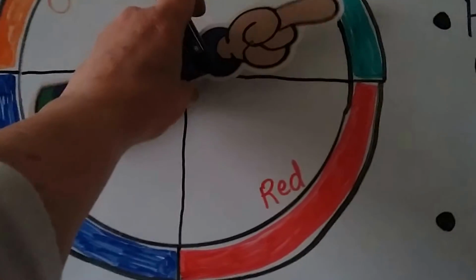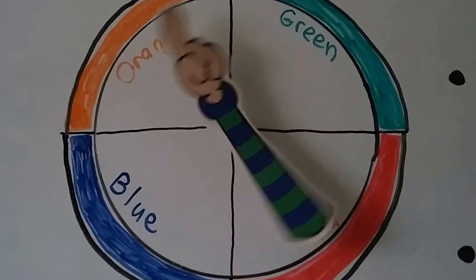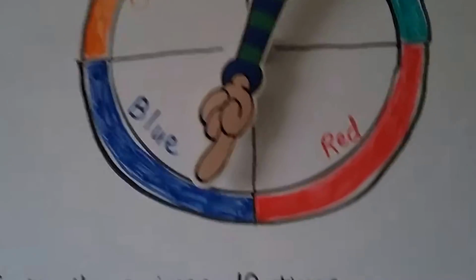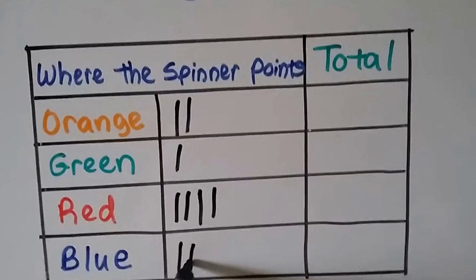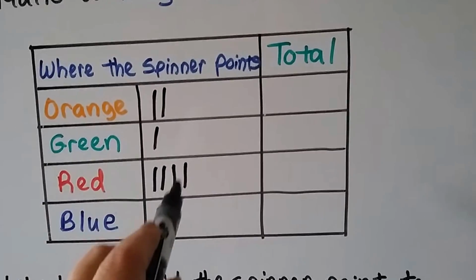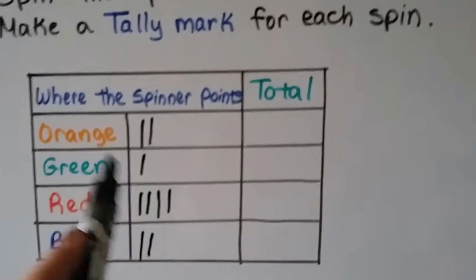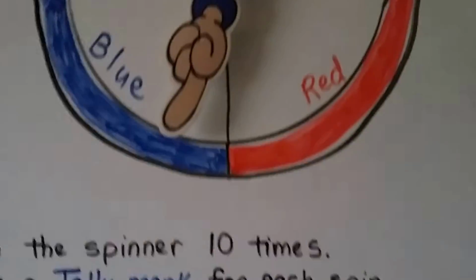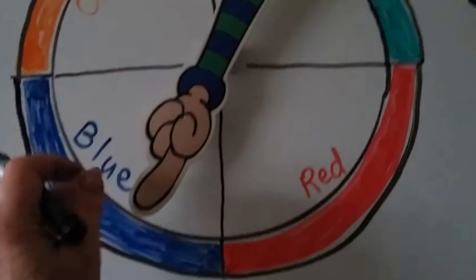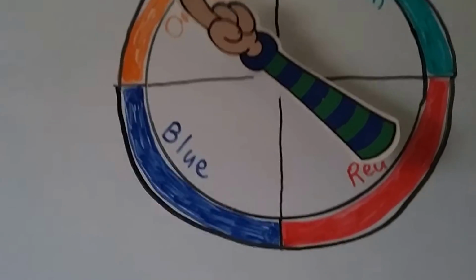All right, let's do spin number 9. Blue. We get 1 for the blue. And now we have 1, 2, 3, 4, 5, 6, 7, 8, 9. We're supposed to spin it 10 times. We have 1 more spin. I wonder where it's going to land. Ready? Orange.